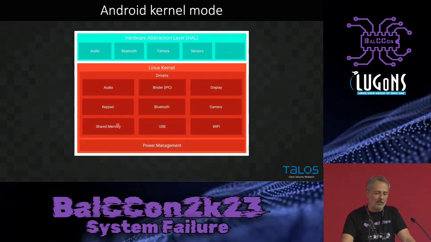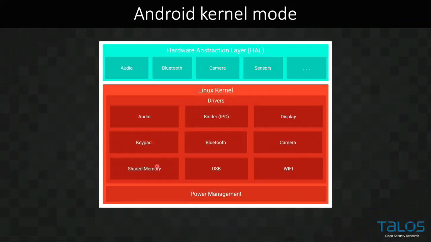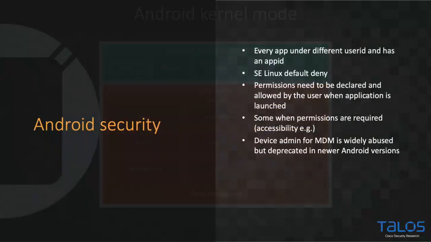So below that is the standard Linux kernel, and there's a hardware abstraction layer, which on the lower side communicates with the kernel, but on the top side it communicates with the drivers that are provided by any of the smartphone manufacturers for their own device set or chipsets and so on.